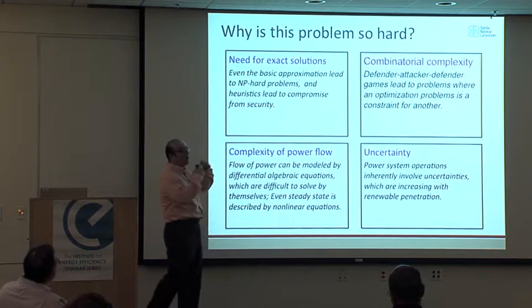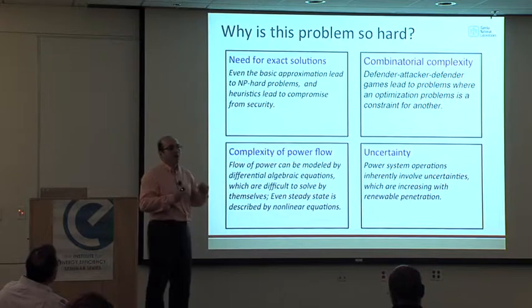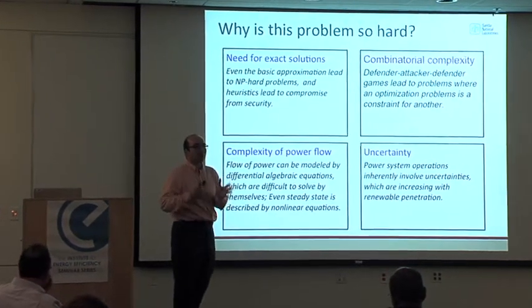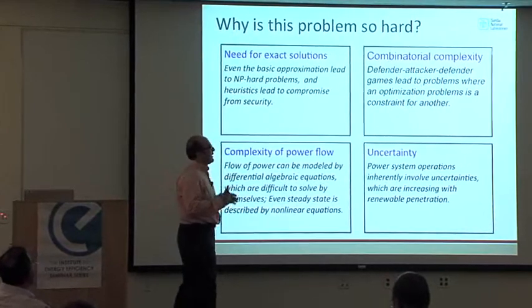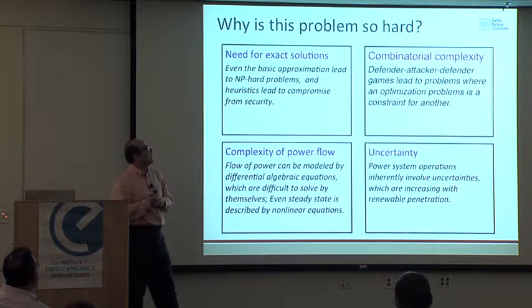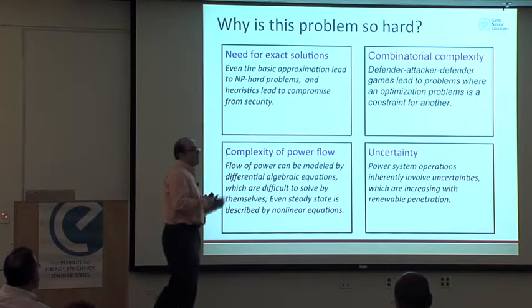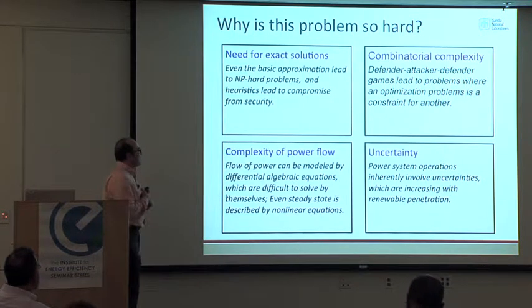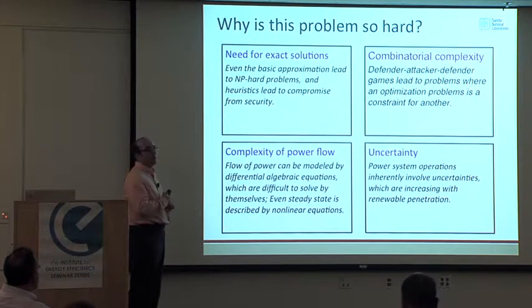So whenever you have these defender-attacker problems, you have one optimization problem, or something that looks for events at the tail ends, inside another optimization problem, and these problems suddenly become extremely hard to solve. I didn't say anything about the complexity of power flow. The way you describe power flow is through differential algebraic equations.